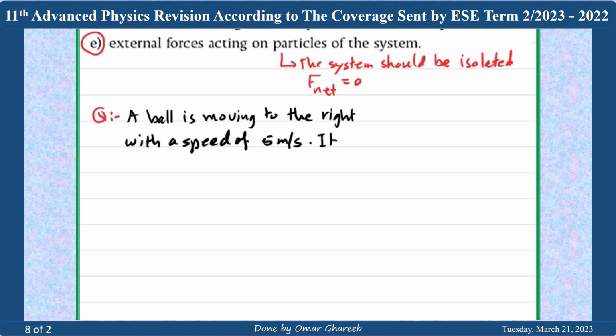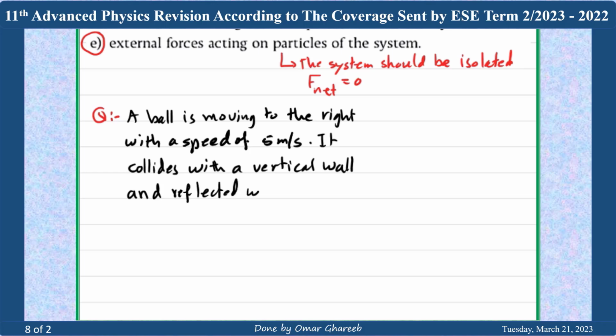It collides with a vertical wall and is reflected with a speed of 4 meters per second or 3 meters per second.